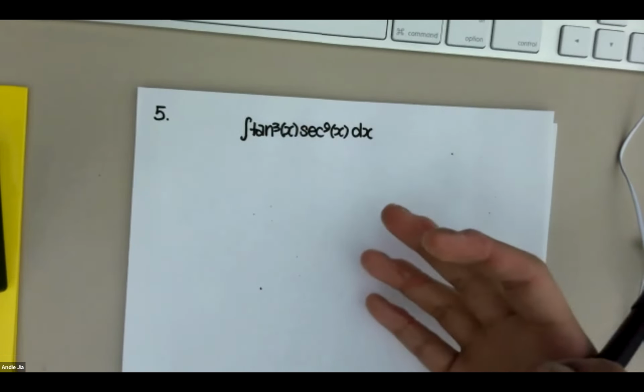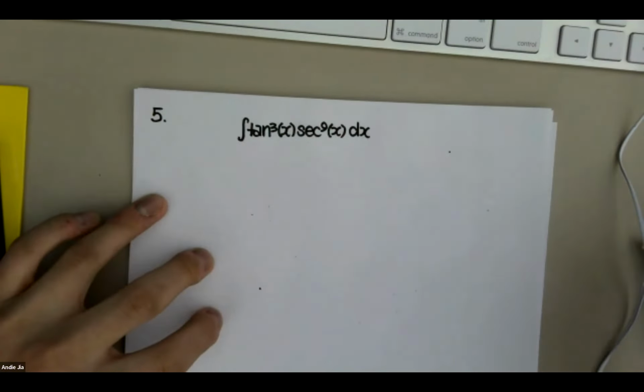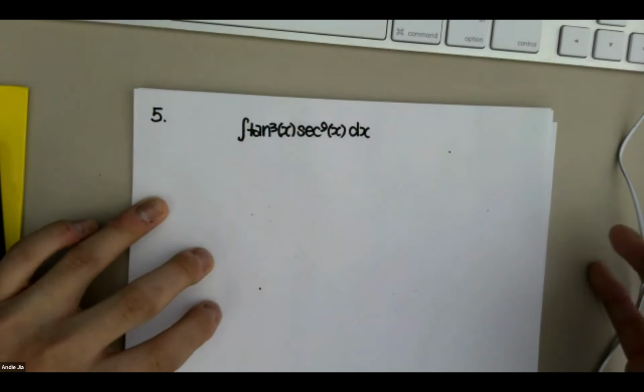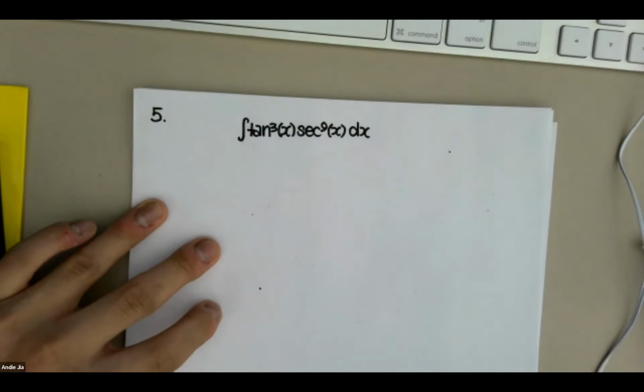Now you have odd tangent and odd secant. In this case, let me try to pull one secant and one tangent out.